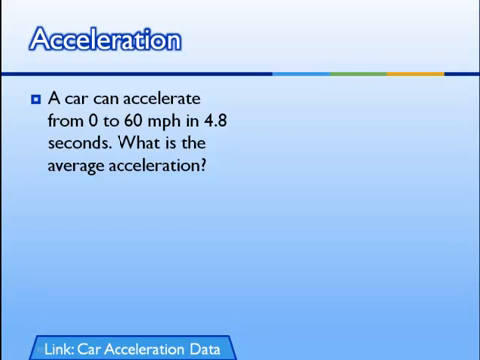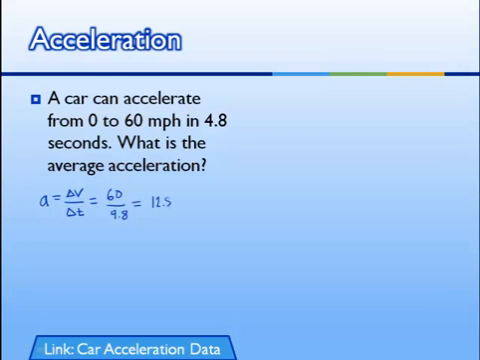Let's start by just naively plugging in some numbers into the formula and see what happens. Recall that acceleration is the change in velocity over change in time, which would be 60 miles per hour and 4.8 seconds, which equals 12.5.